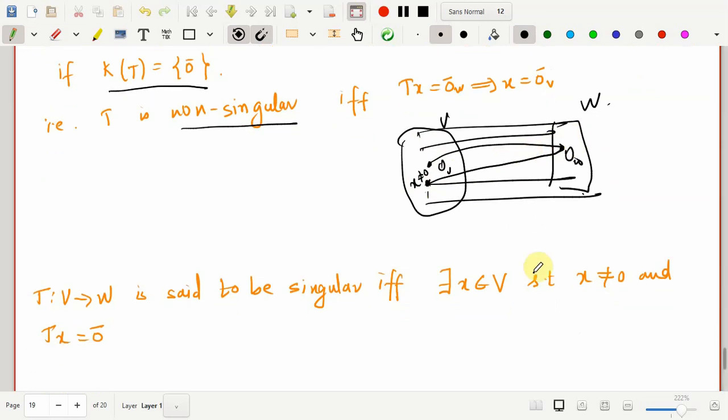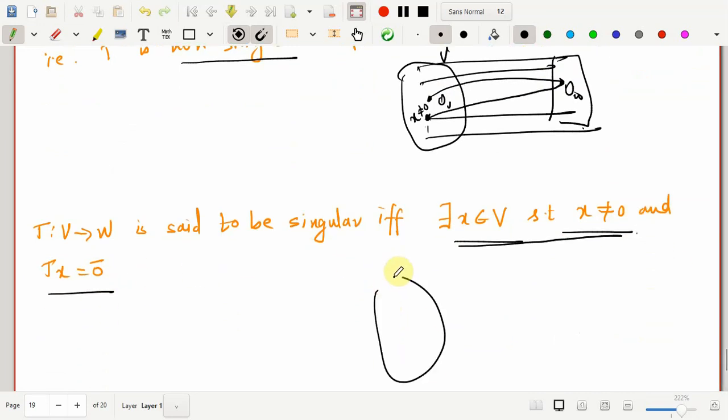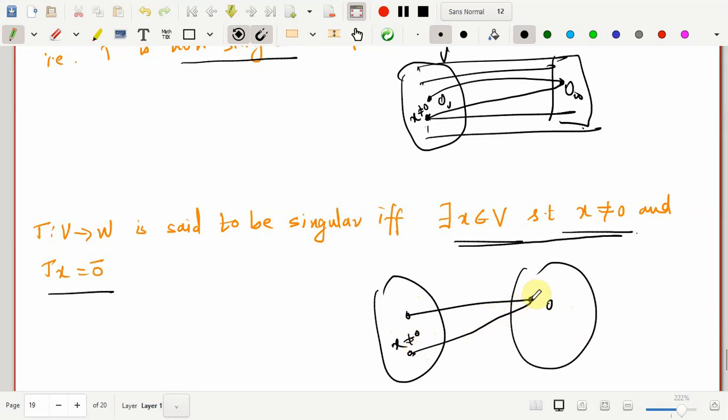So if I can find at least one point in V which is non-zero but its image is equal to 0, other than 0 itself going to 0, you have a point x which is non-zero that also maps to 0. You may have more than that also. If you can find at least one such point which is non-zero but maps to 0, then we say that T is singular.